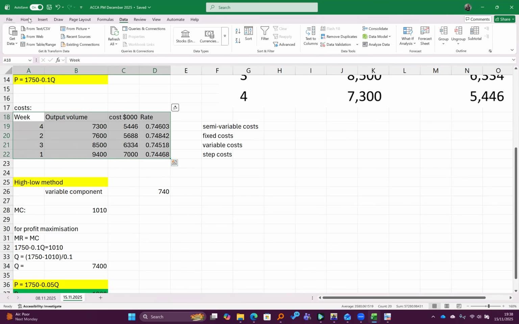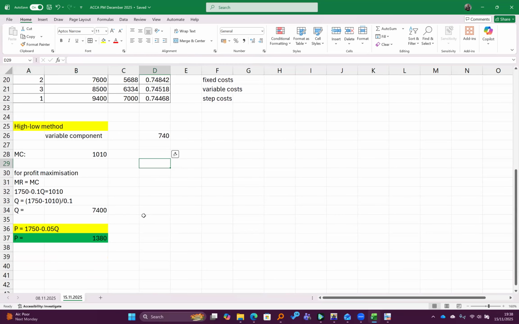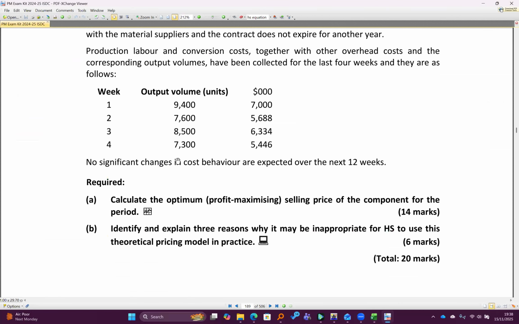And in case you need a refresher, you can always look up that recording, now that you have seen it being done here. But that is what the high-low method is. You can check the textbook if you need to get yourself better appraised with it. So, but that's the first part.